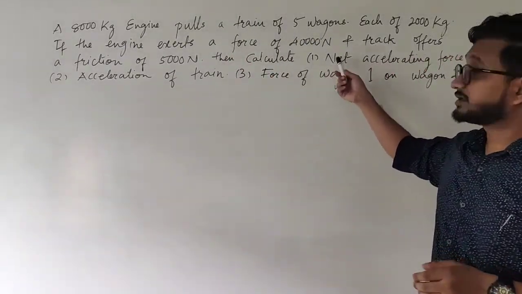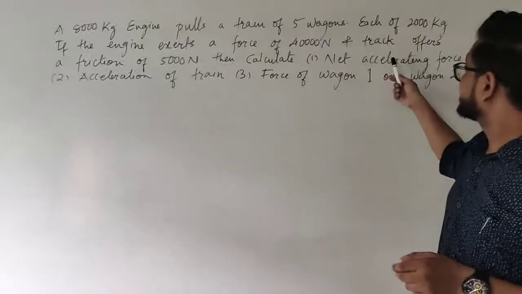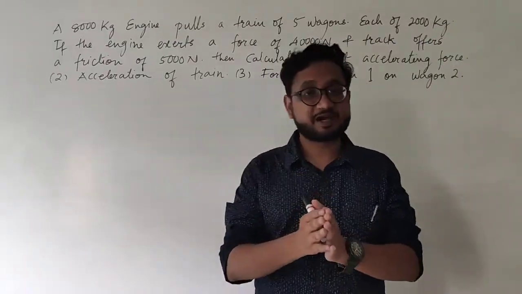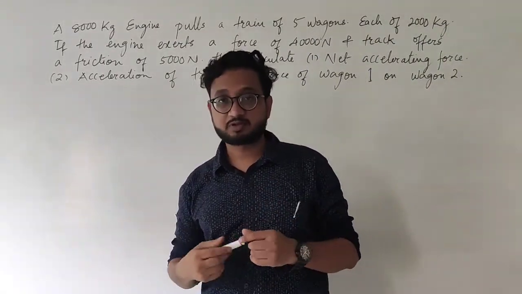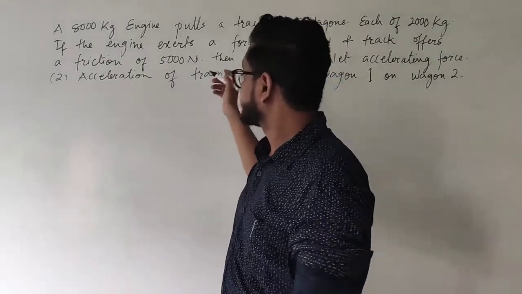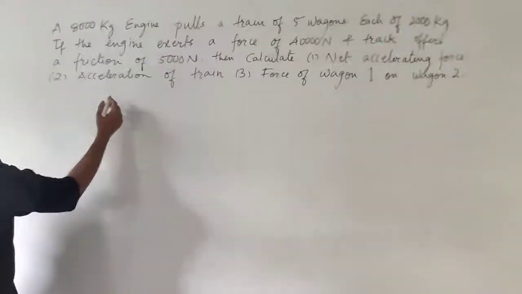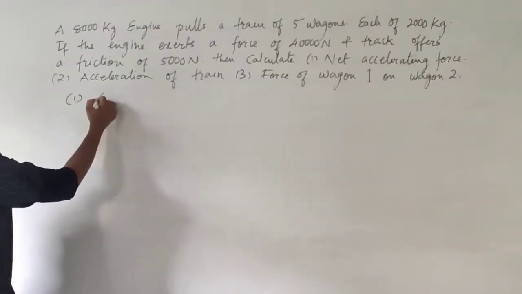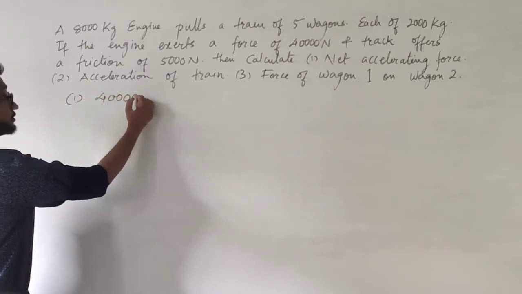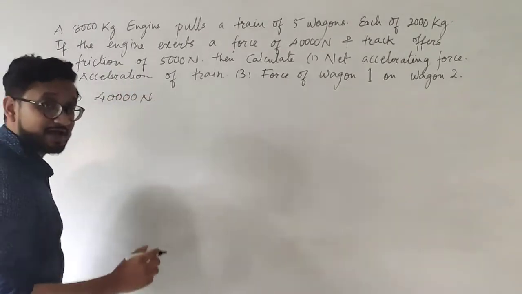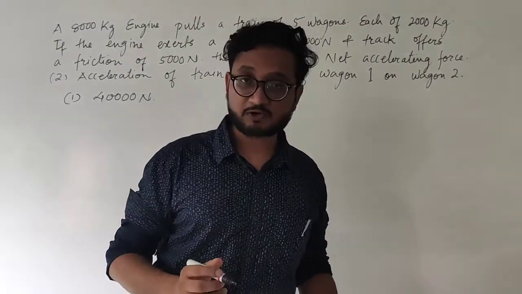So what you need to calculate? You need to calculate the net accelerating force. So you need to find the net force. Now that is quite simple. So we have the total force exerted by the engine, 40,000 newtons, and the frictional force is 5,000 newtons.